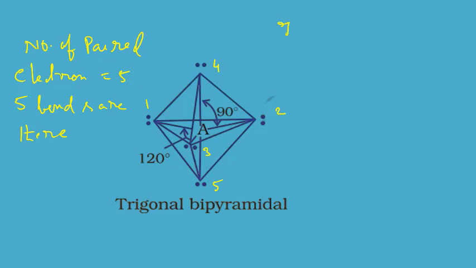So three bonds lie along the vertices of an equilateral triangle.